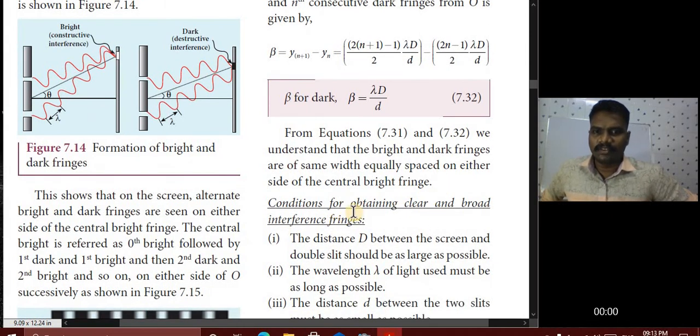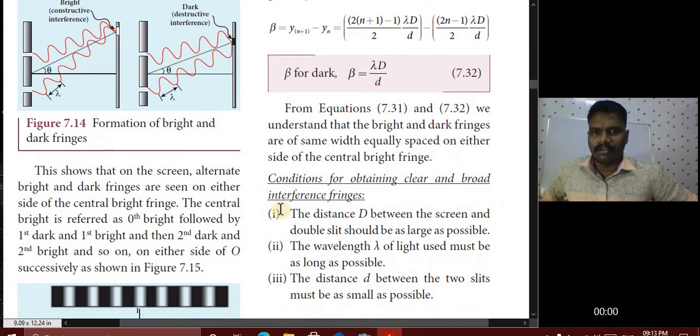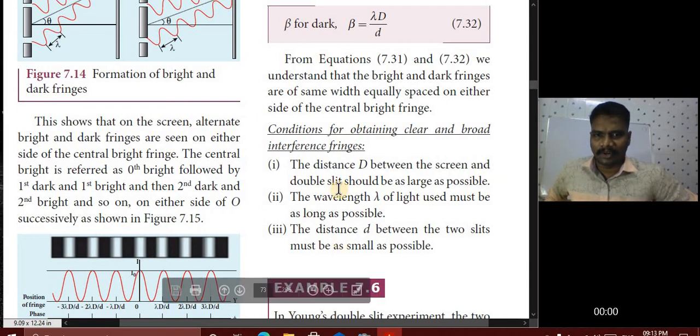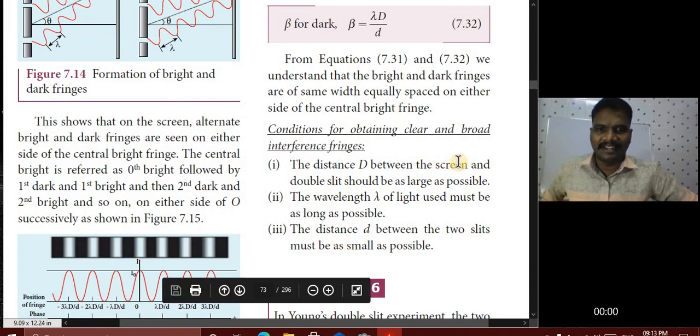Then the conditions for obtaining clear and broad interference fringes. The distance D, capital D, between the screen and the double slit should be as large as possible. This is a very, very important condition to obtain the bright and dark fringes from the double slit.